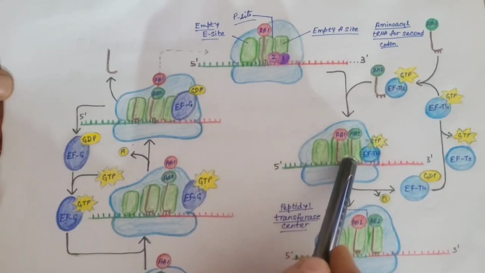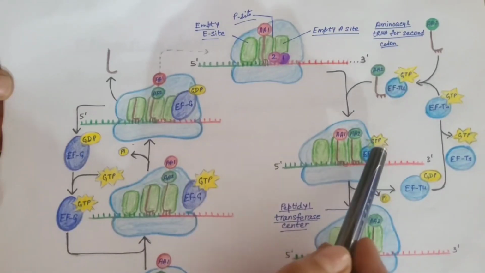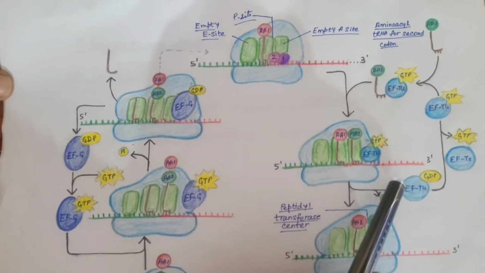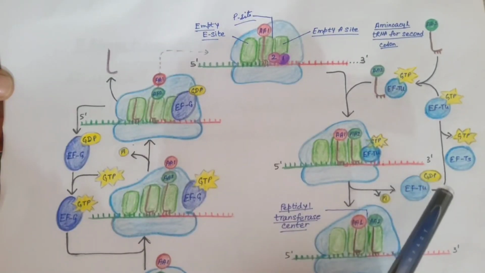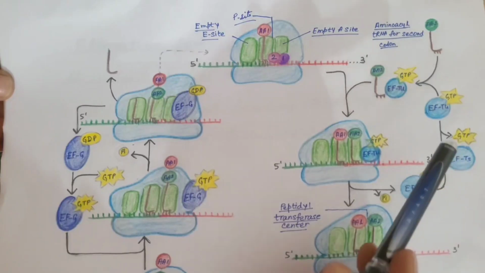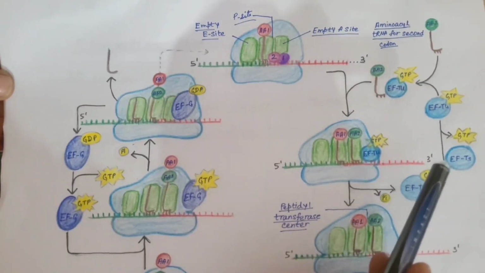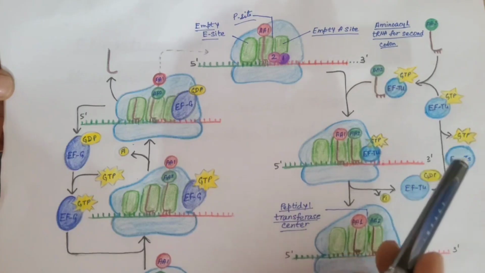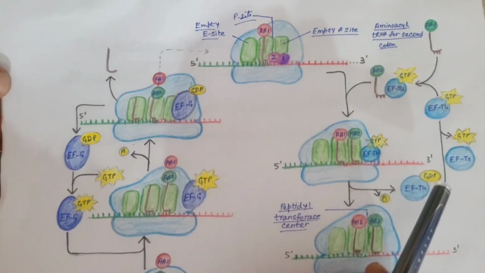As soon as this aminoacyl transfer RNA binds to the A site, GTP is hydrolyzed and EFTU is released, which has GDP. Then EFTU GTP is regenerated by the EFTU EFTS exchange cycle, which we will discuss in detail in the next video.